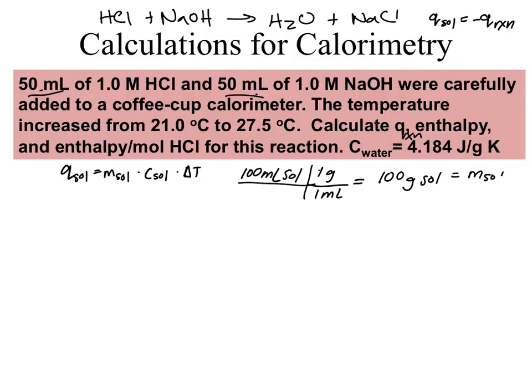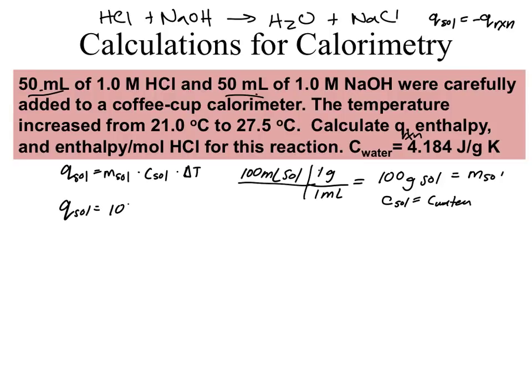Okay. In that same vein, we're also going to assume that our specific heat capacity of the solution is the same as the specific heat capacity of our water, just like we've assumed in the past. Okay, and that's going to allow us to calculate our Q of our solution.